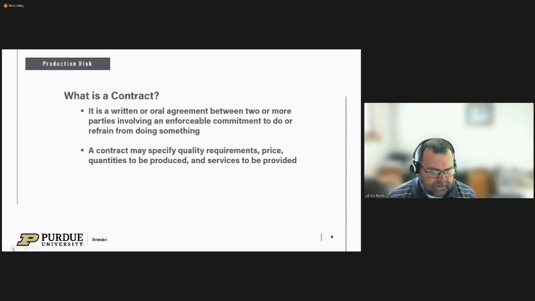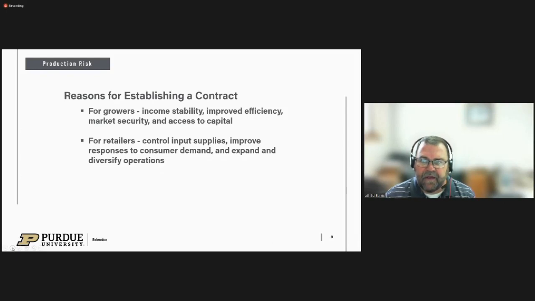So in today's world, there are a lot of things that need to be identified when thinking about these agreements between farmers and agribusiness. Thinking about the conditions that are associated with producing and marketing products is important, and getting this established from the start is critical.